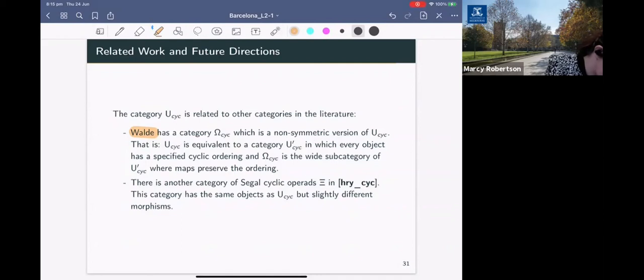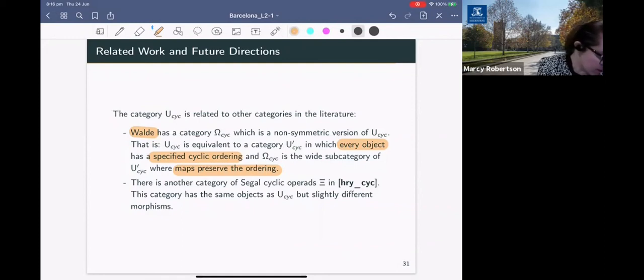So you're going to force some specified cyclic ordering on your objects. And then you look at the subcategory where the maps preserve that ordering. Okay, so I guess if you also wanted somehow non-symmetric modular operads, you could do something similar.